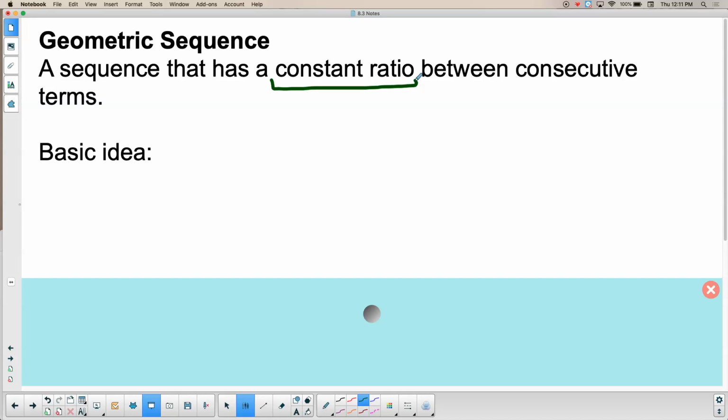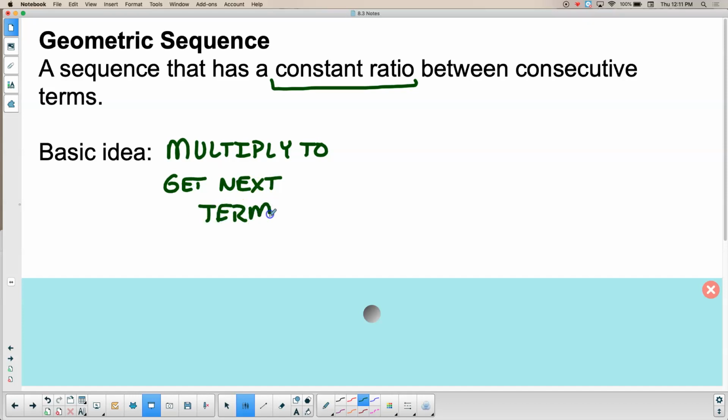In geometric, we are going to multiply by something. And that something, back in arithmetics, was called D. D is what we added, the common difference, or the constant difference. We added to each term to get the next one. Now we're going to call it R for the ratio, the constant ratio.